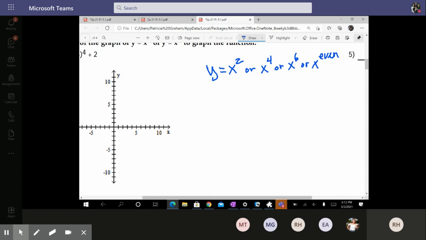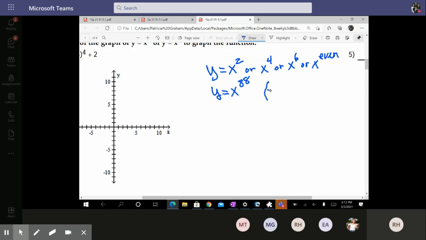Okay, now if it's an x to the 2nd, that's a parabola, right? No matter how big this number gets, I can say x to the 88th power, it's still going to hit 3 points every time. Every one of these are going to hit the same 3 points.